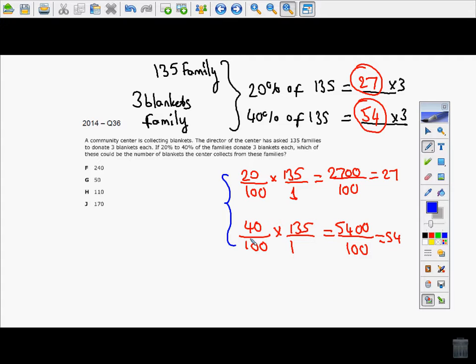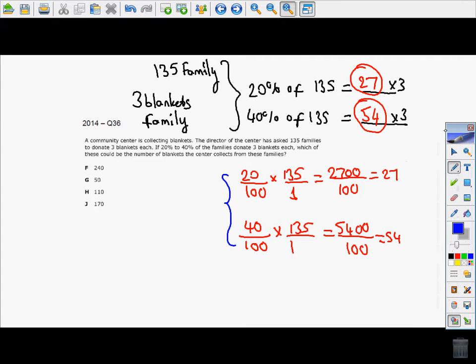So what I need to consider is to multiply by 3, because they are asking for 3 blankets from whichever parent responds okay. So 27 times 3 will give us 81. 54 times 3 will give us 162.